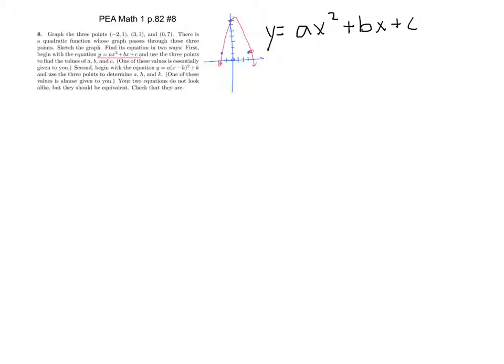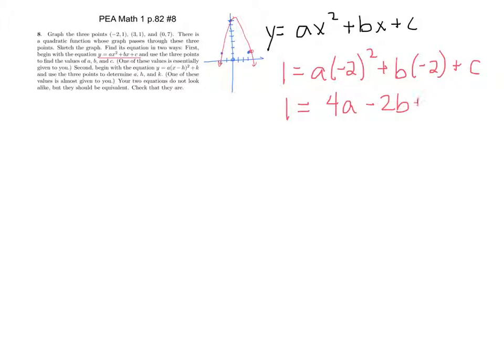So we have 1 = a(-2)^2 + b(-2) + c, and I'll simplify that right now to 1 = 4a - 2b + c. That's using the point (-2, 1).